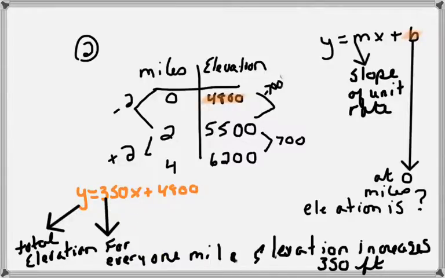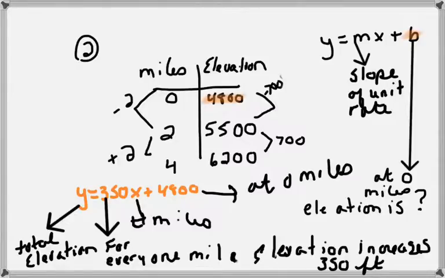The x represents the number of miles, and the b represents at 0 miles the elevation is 4,800. And you're done.